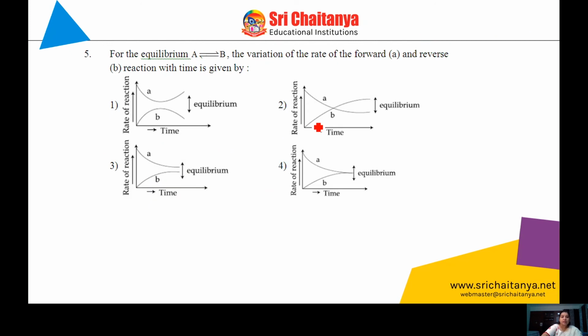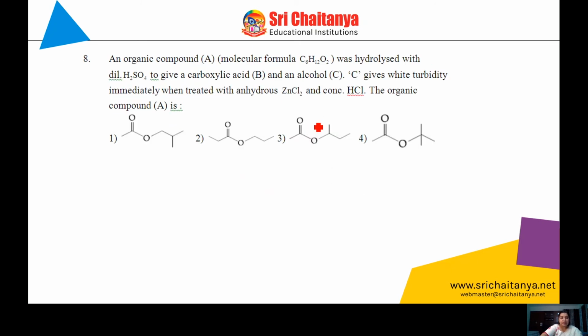Moving to the next organic question, we have question number 8. This is our next question. An organic compound A, always underline the molecular formula, C6H12O2, was hydrolyzed with dilute H2SO4 to give a carboxylic acid and an alcohol.